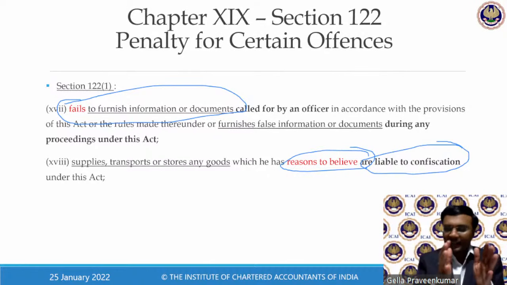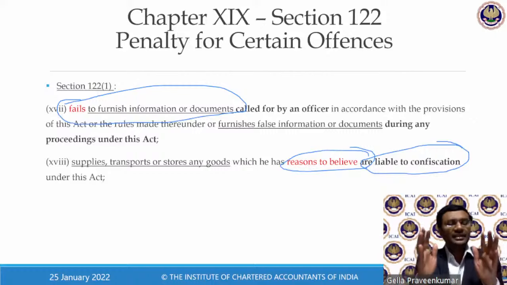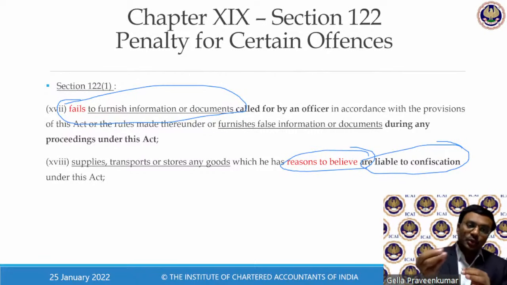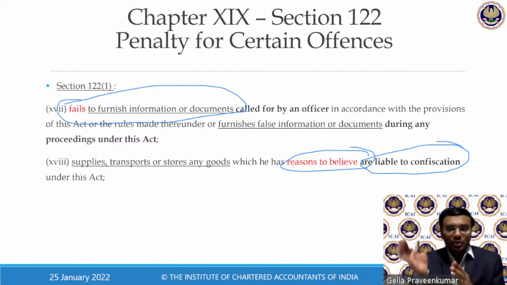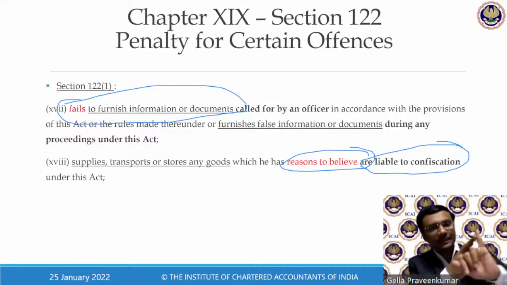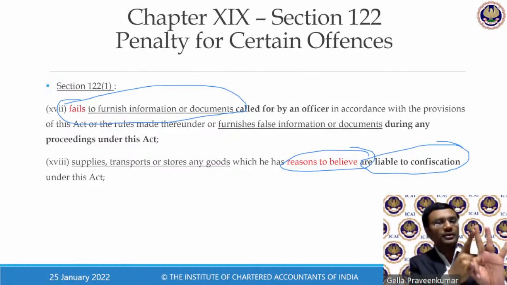He knows that this activity is a fraudulent activity. So a person who supplies those goods, transports those goods, stores those goods, there are three persons: supplier, transporter, owner of a godown or a warehouse.